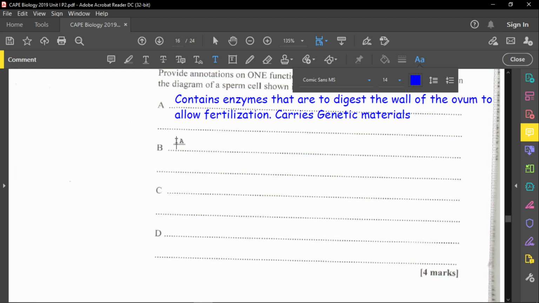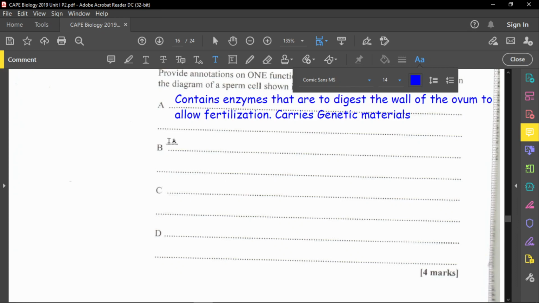All right, so for the B part, which is the neck, it is a unique thing. It contains two centrioles. But the two centrioles are actually needed for two different things. I'm going to specify one as a concern to the sperm cell itself, because it also aids in something to do with the zygote as well.